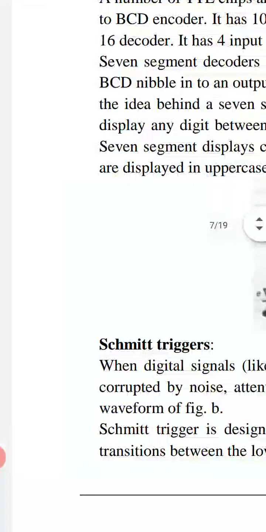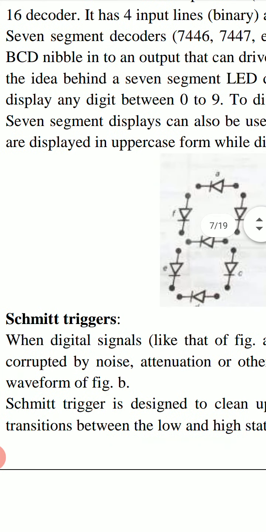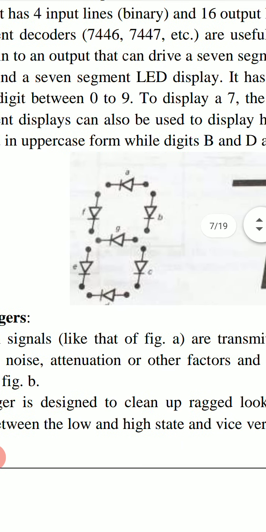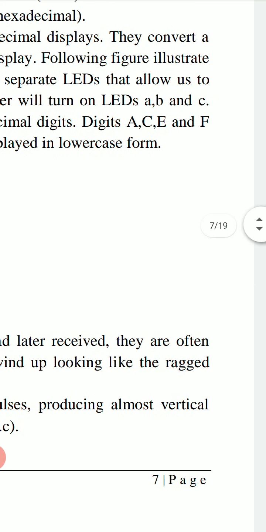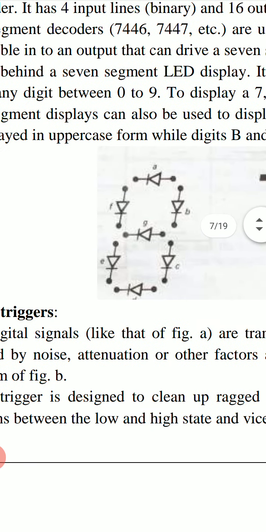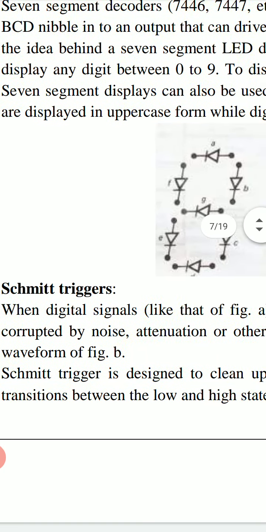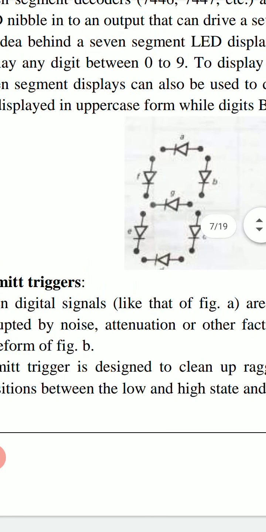The following figure illustrates the idea behind a 7 segment LED display. It has 7 separate LEDs that allow us to display any digit between 0 to 9.